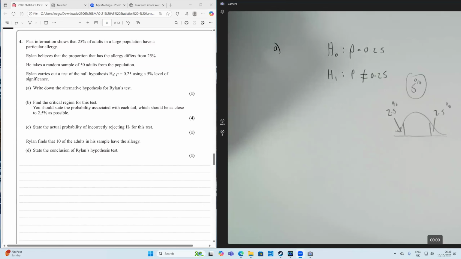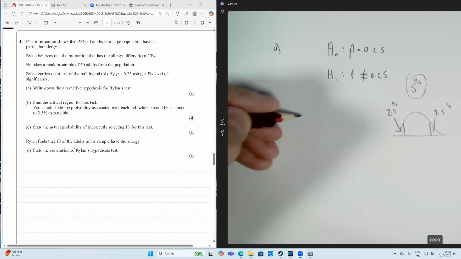Part B, find the critical region for this test. You should state the probability associated with each tail, and it should be as close as possible to 2.5%. Now, let's have a think about this. First of all, let's write out what the probability distribution is going to be like.